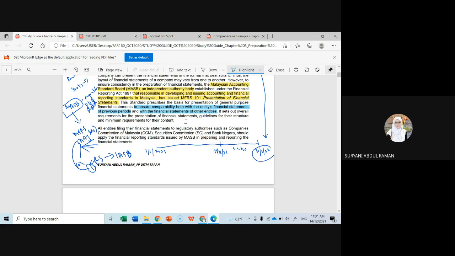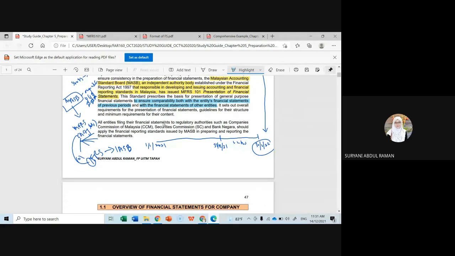Okay, next, all entities filing their financial statements to regulatory authorities such as the Companies Commission of Malaysia. So these are the other regulatory bodies in Malaysia. CCM is also known as SSM, Suruhanjaya Syarikat Malaysia.